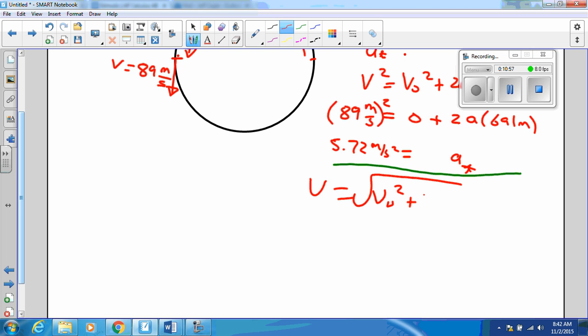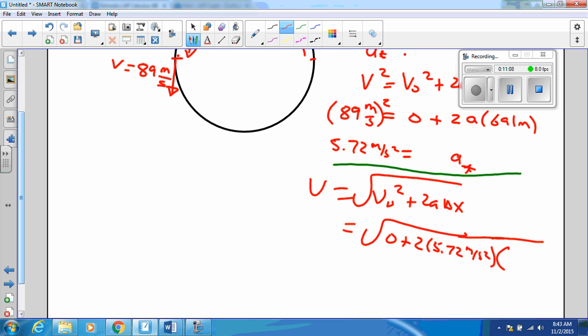She solved for... and so we're going to have 0 plus 2 times the acceleration that she found times our delta x, and our delta x is going to be half of this, right? Yes. So that's going to be 691 over 2, and cancel.